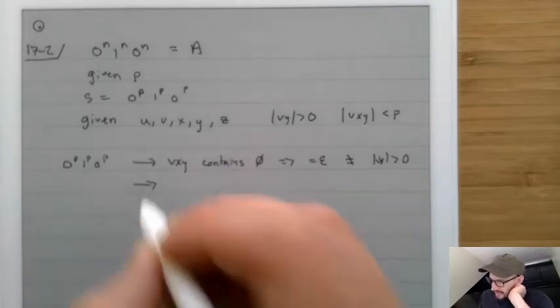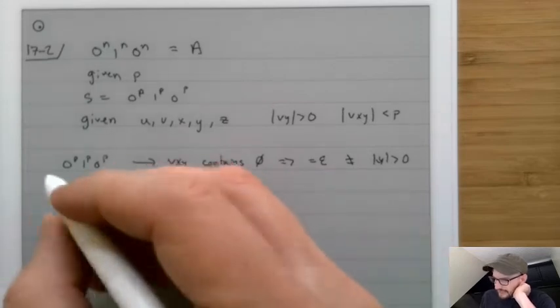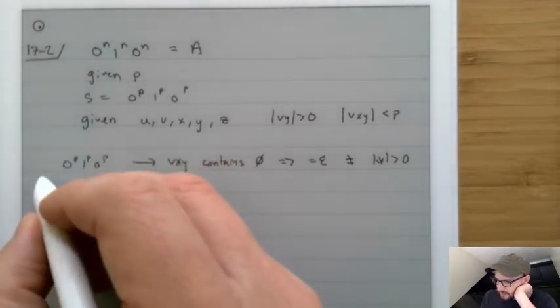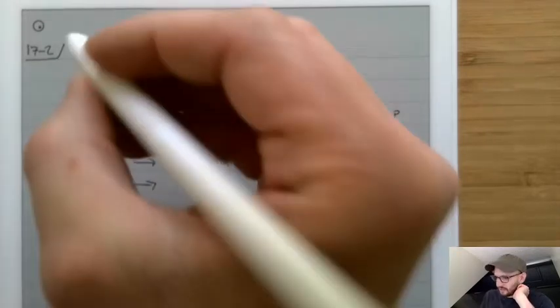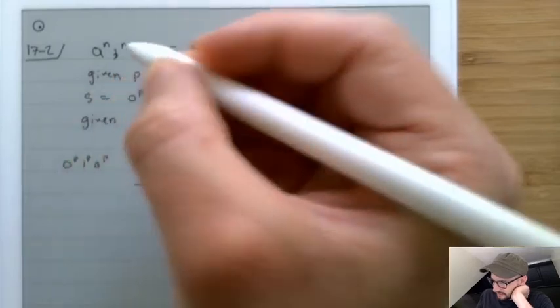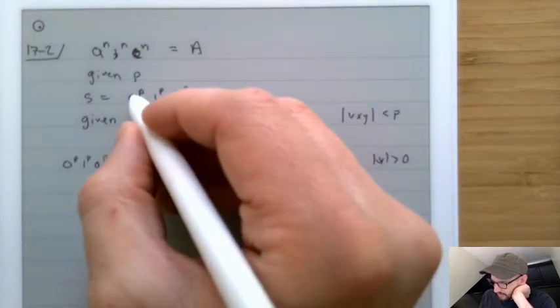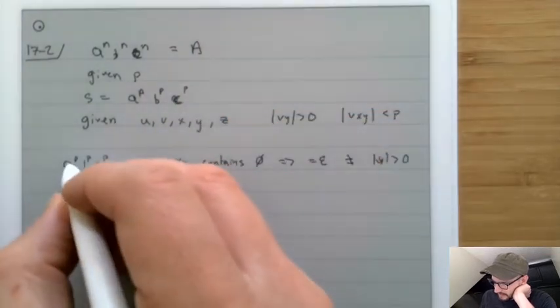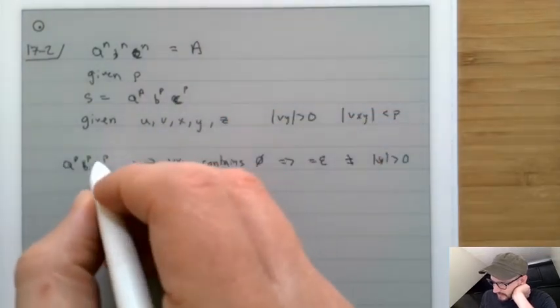By the way, there's an equivalent version of this, which is a to the n, b to the n, c to the n. Let's actually prove it on this. So a to the n, b to the n, and c to the n.